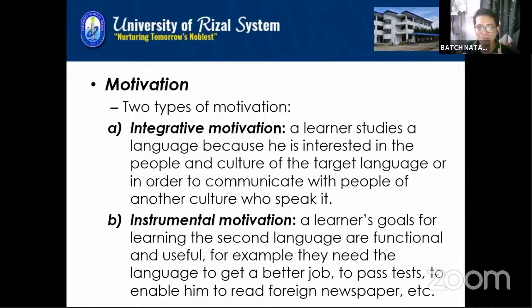Now, what does it have to do with integrative motivation? We, being in the outer circle, link the inner circle and the circle outside the outer circle, which are the non-English speaking countries, such as Japan, Korea, China.